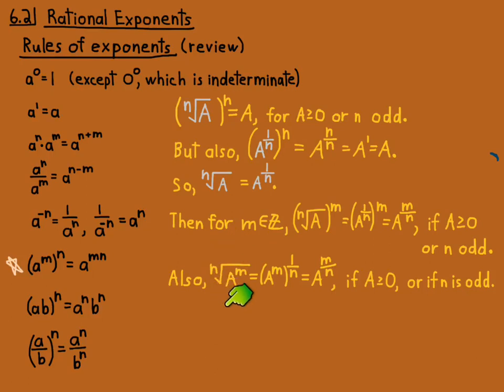And honestly, this is more common because this way we don't have to write parentheses. It's just less to write. So we like this one better. Plus this one is easier to reduce if it reduces. If m is greater than or equal to n, then this reduces, because you'd have a to the n times a to another power, right? And it's the same conditions here.